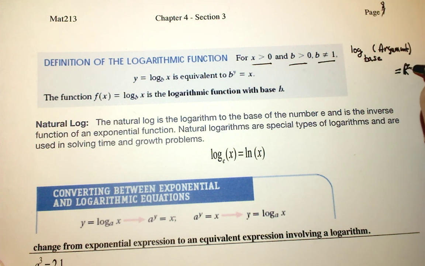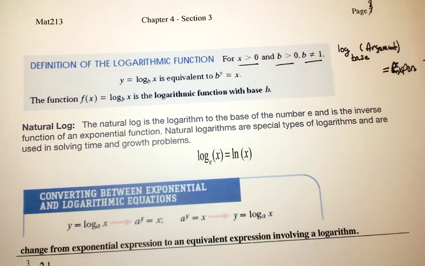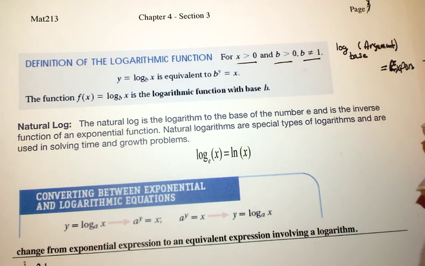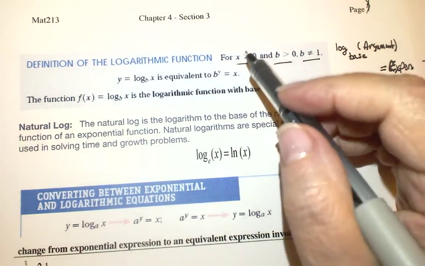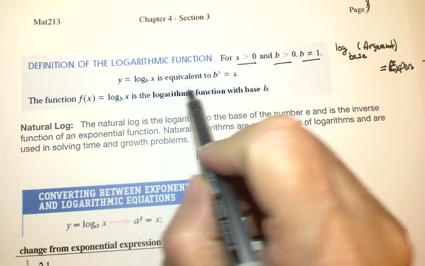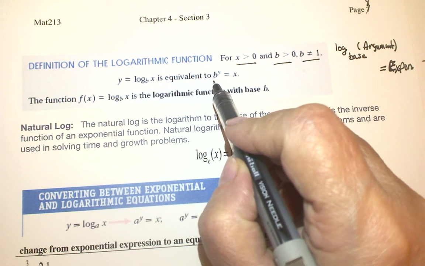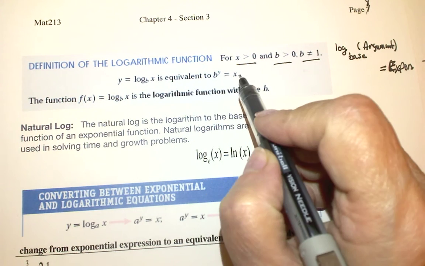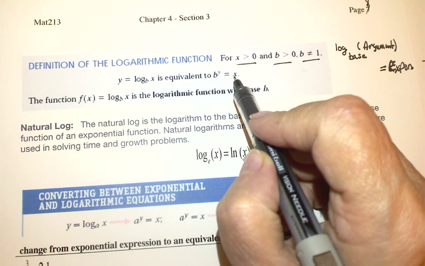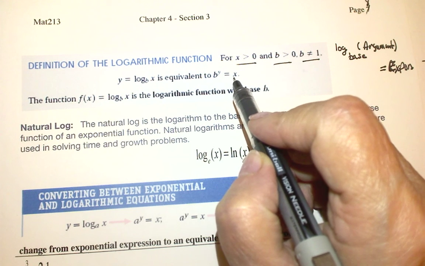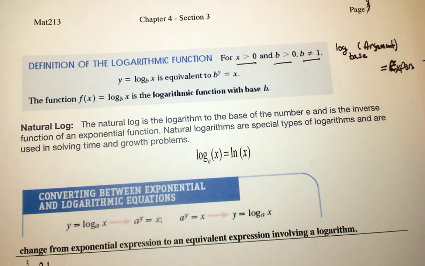This is really an exponent. Didn't have room to write exponent. It's really an exponent. So essentially that's what this is saying. It's equivalent to the base raised to the y power is equal to x.